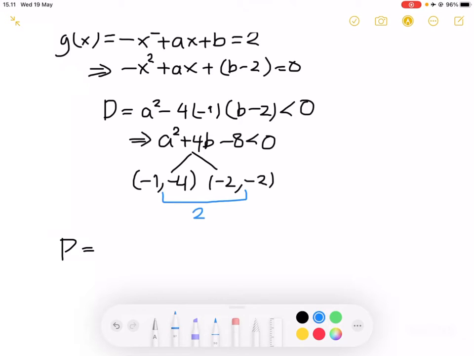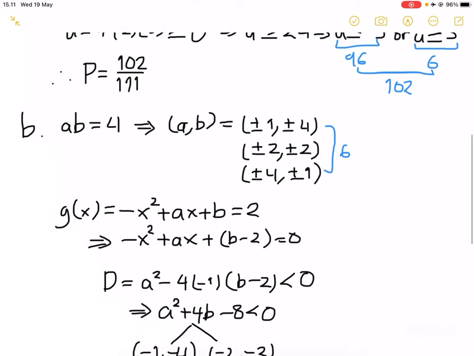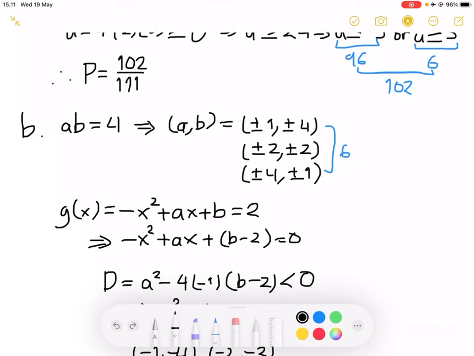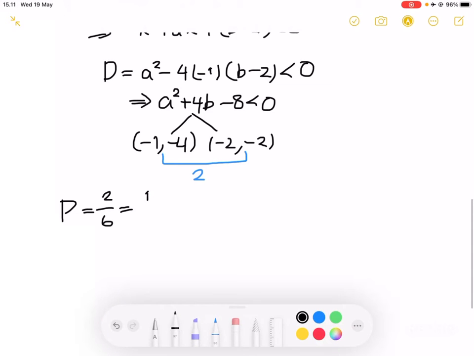So the probability will be 2 over 6, where 6 is the number of possible solutions taken, as we found before. And we can simplify this to become 1/3. And this ends this example.